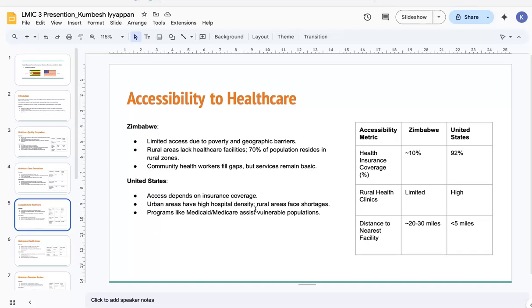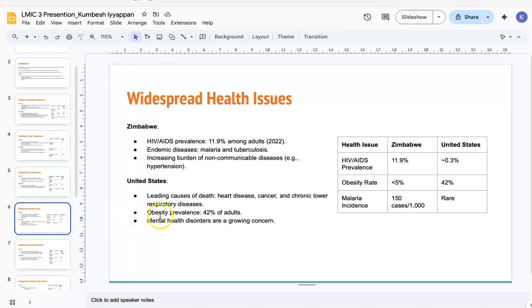In Zimbabwe, a hospital facility is almost 20 to 30 miles away from home, whereas in the US it's less than 5 miles. If you live in a metro city, it could be just a mile or 2 miles away from your home. It just shows that healthcare facilities are very scarce in Zimbabwe.